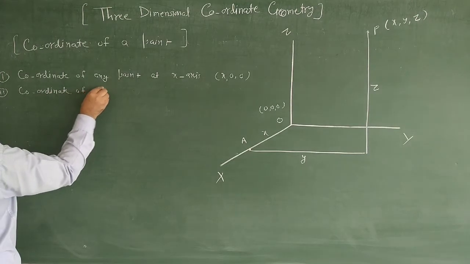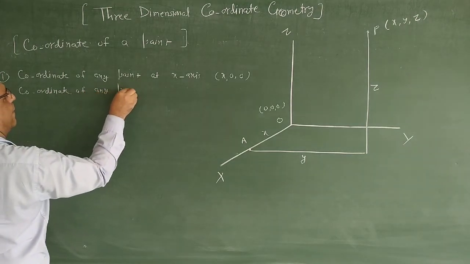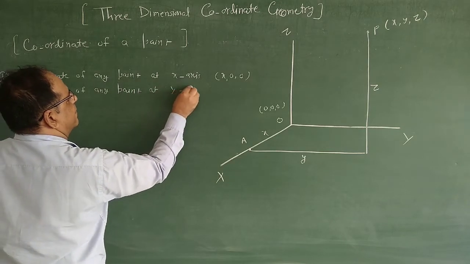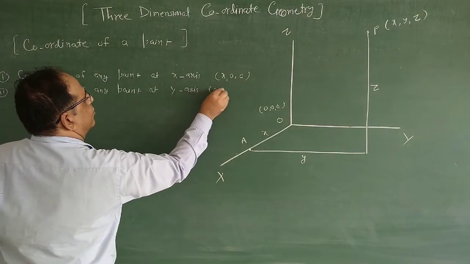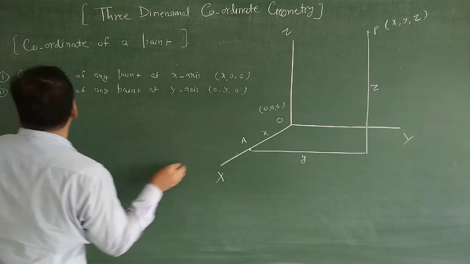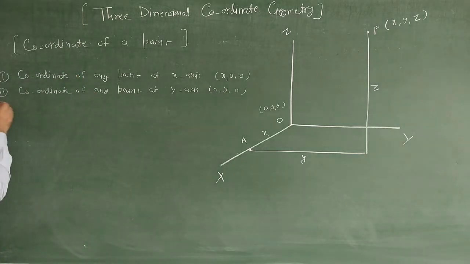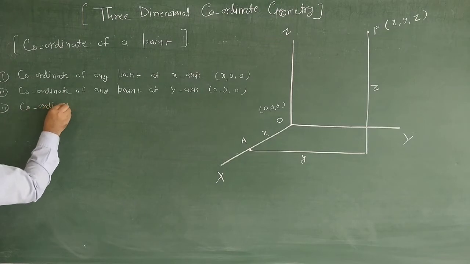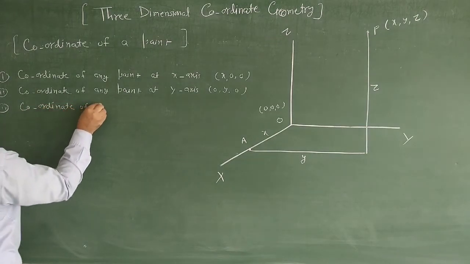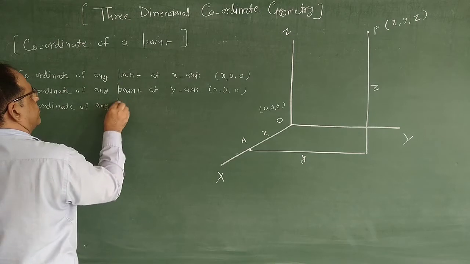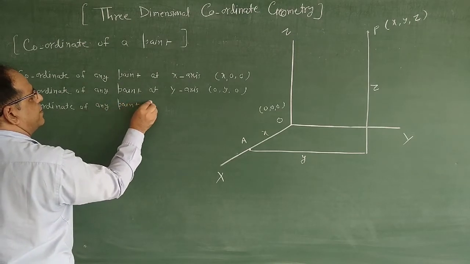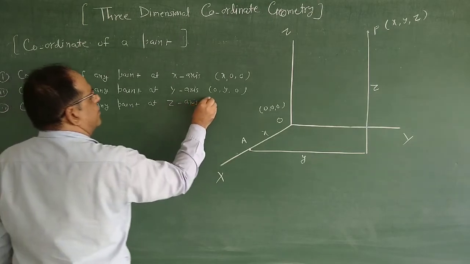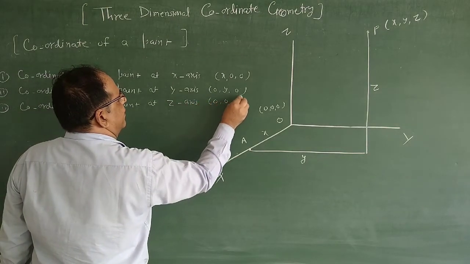The coordinates of any point on the y-axis are 0, y, 0. The coordinates of any point on the z-axis are 0, 0, z.